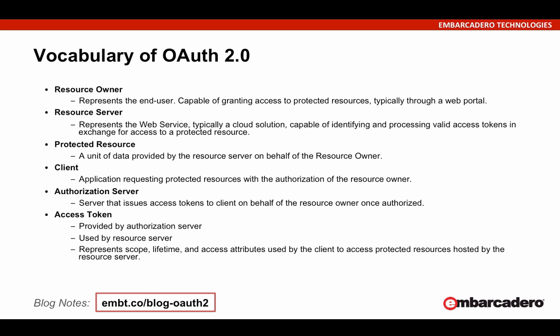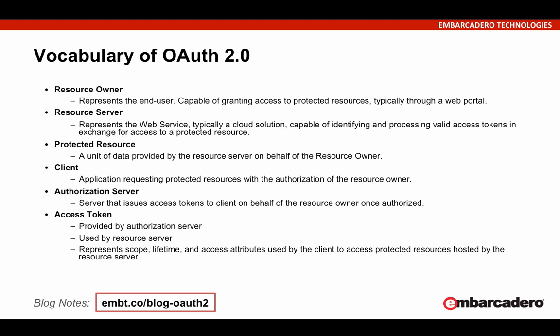A resource owner represents the end user. And in the context of an OAuth 2.0 protocol, the resource owner needs to be capable of granting access to protected resources. This is typically done through a web portal, and we're going to get into more of the detail on this a little bit later.